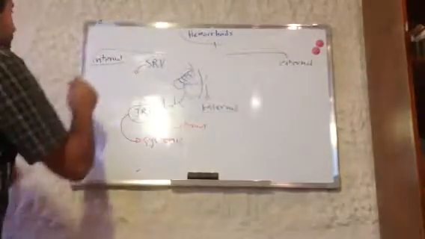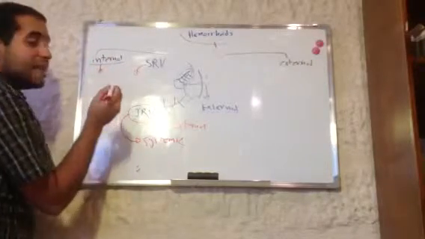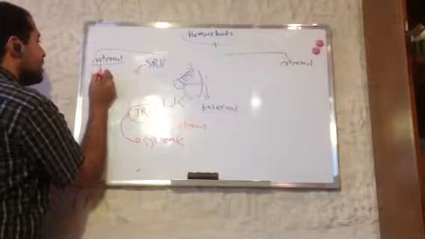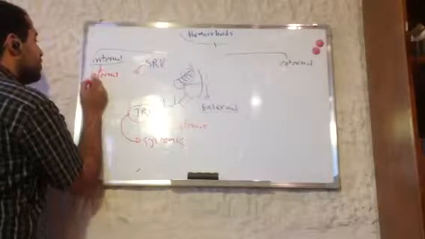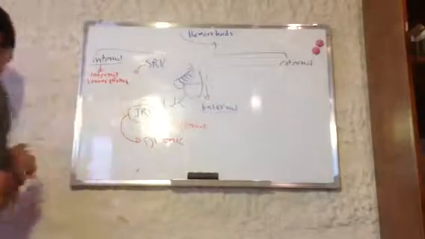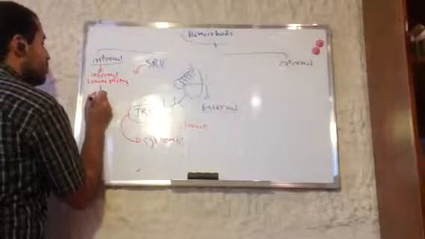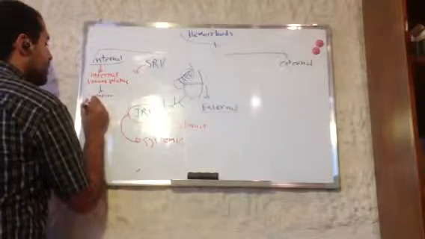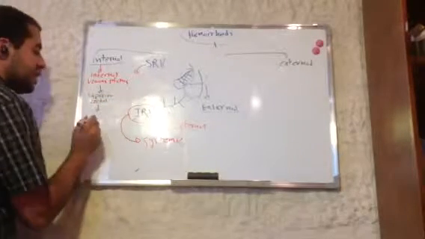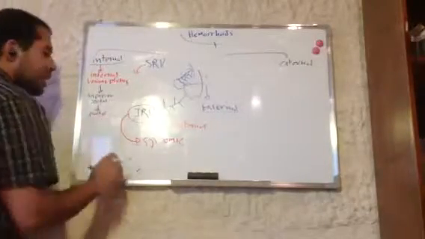Here, the internal hemorrhoid is the dilation of the internal venous plexus that drains into the superior rectal vein that drains eventually into the portal circulation.